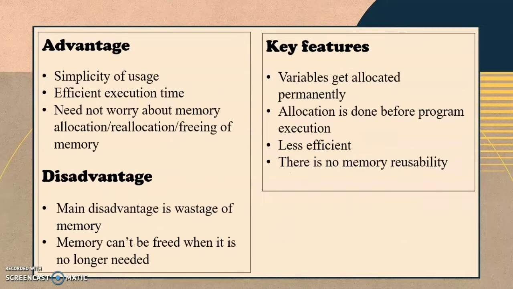Advantage: simplicity of usage, efficient execution time, need not worry about memory allocation, reallocation, or freeing of memory. Disadvantage: the main disadvantage is wastage of memory. Memory can't be freed when it is no longer needed.